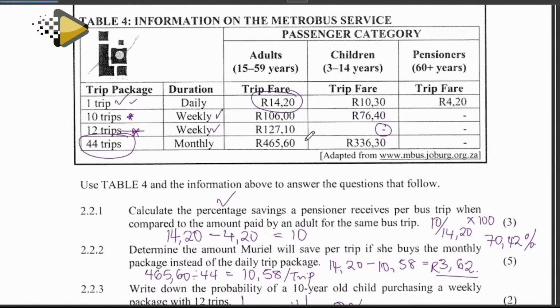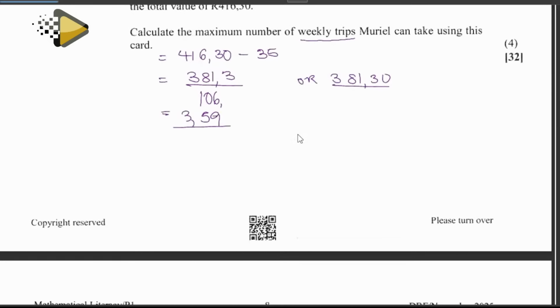How much is it? 127,10. This one also brings us to 3. So 3 weekly trips of 12 means there'll be 36 trips in the 3 weeks, because if you pay this, you get 12 trips in that week. And if you pay this, you get 10 trips.